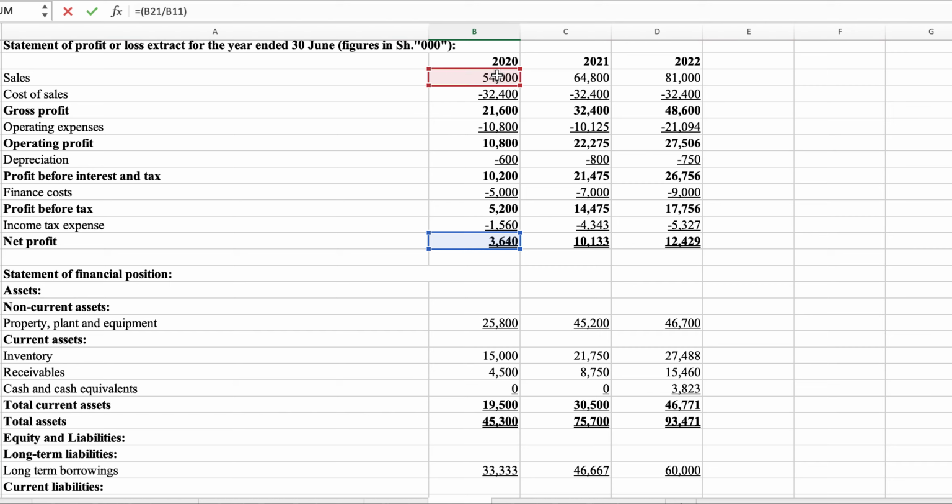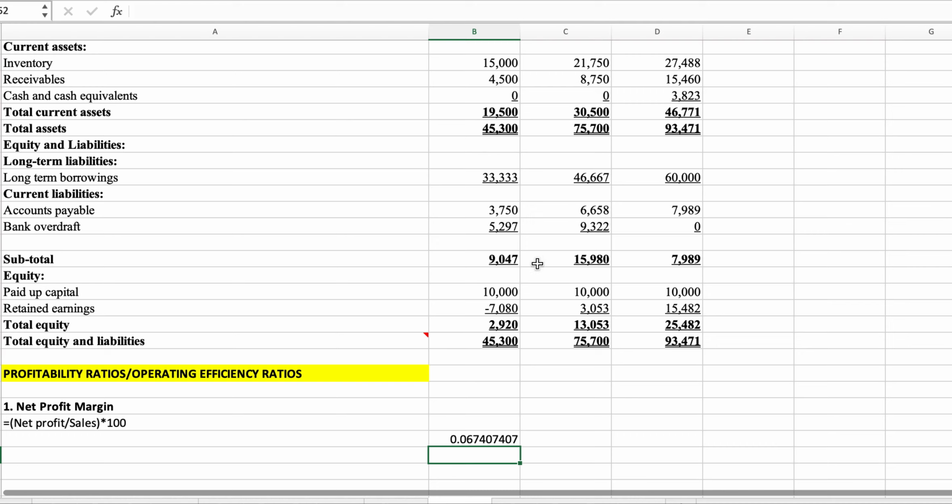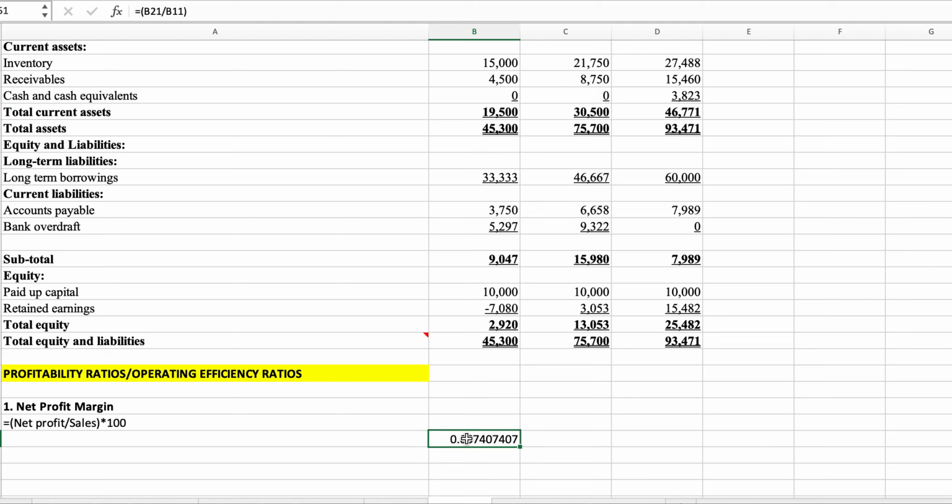Then you express it as a percentage. When using your calculator you multiply by 100, but since I'm using Excel, I will just click the percentage icon, which will give me 7%. Then I can use 2 decimal places, which is 6.74.